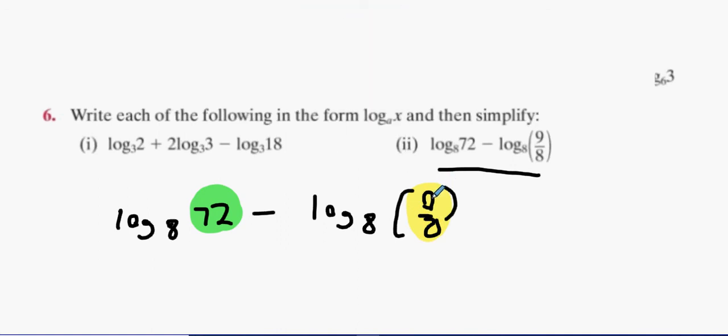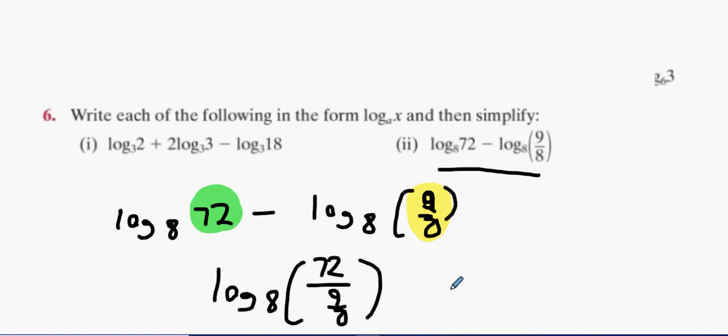Just divide 72 by 9 over 8 and tell me what you get. What's 72 divided by 9 over 8? Yeah, perfect. And what's log 64 base 8? How many 8s do you have to multiply together to make 64? 2. How about you with that? So far they're easy. We hope. Now let's keep going.